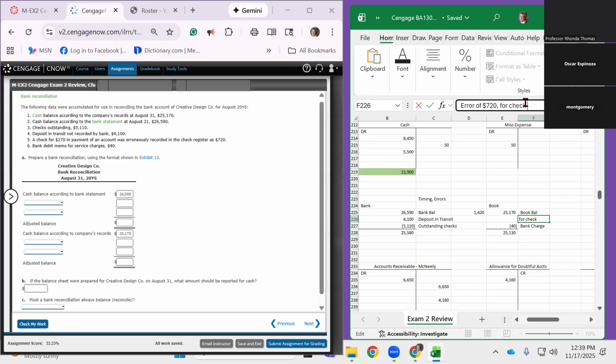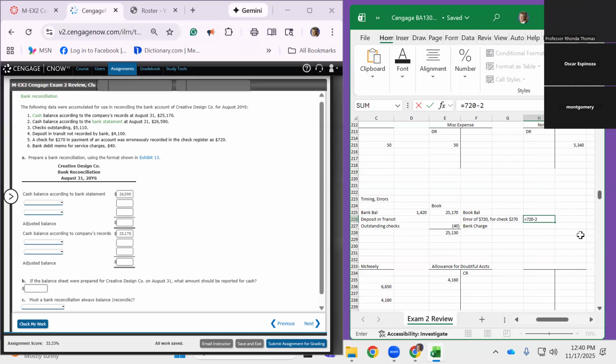So we transposed the numbers and got them out of whack. Okay, so we really should have subtracted 270, but we subtracted 720. So the difference between those two numbers, right? So let's see, 720 minus 270, 450. So we're going to add 450 back.